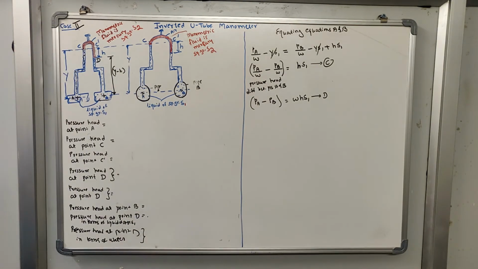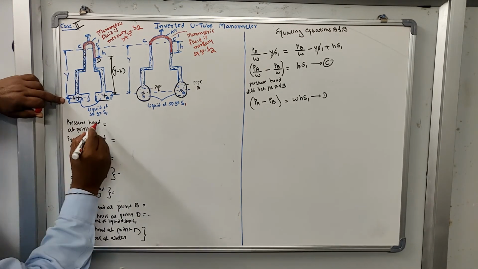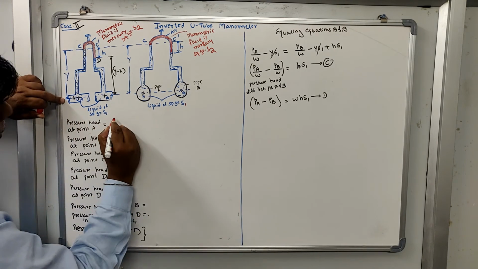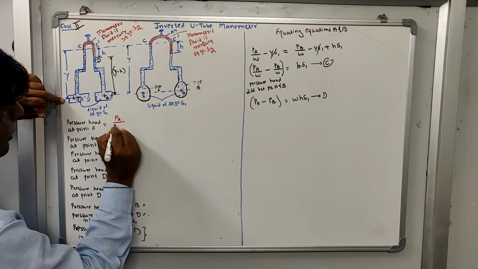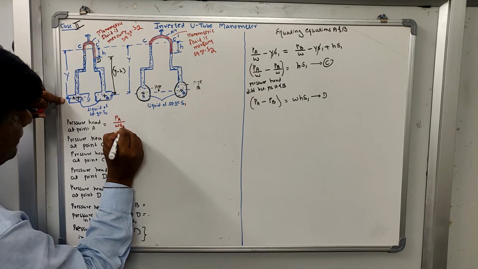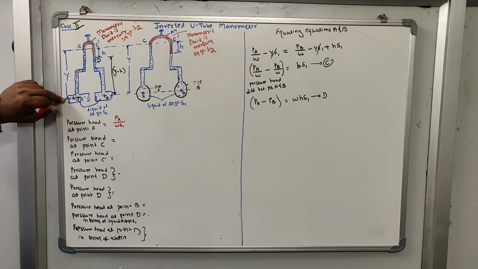Okay, for this case, how to develop the gauge equation? Let us again start from point A. Pressure head at point A is equal to PA by WS1.